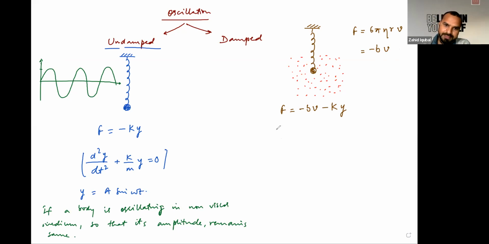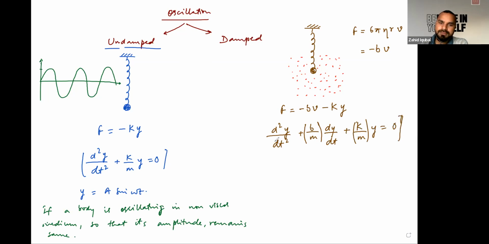So if you simplify it, acceleration plus b by m, we may write this velocity as dy over dt, plus k by m times y is equal to 0. So this will be the general equation for damped oscillation.